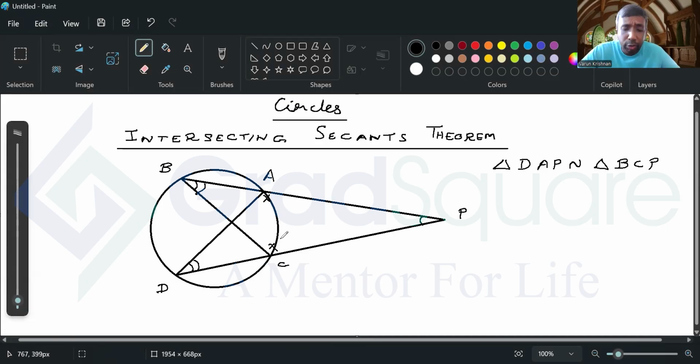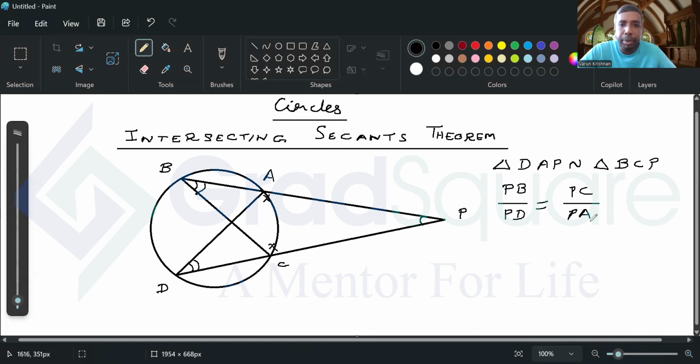Once we know that these two triangles are similar, we can write that the ratio of corresponding sides are equal. So PB by PD will be equal to PC by PA. Triangle BCP I'm taking on top, triangle DAP I'm taking at the bottom.